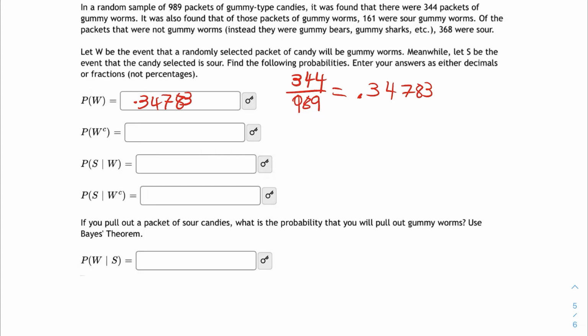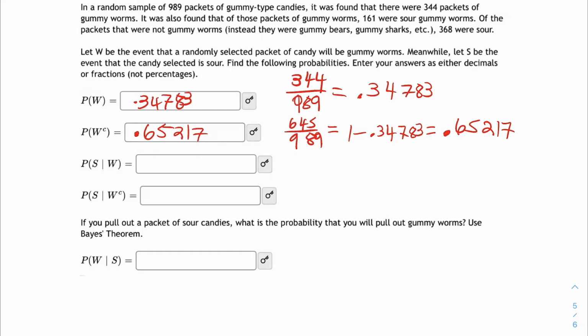So we could either do 645 over 989, or we could have just done 1 minus 0.34783. In either case, we get 0.65217. So the probability of not being a gummy worm packet is 0.65217.